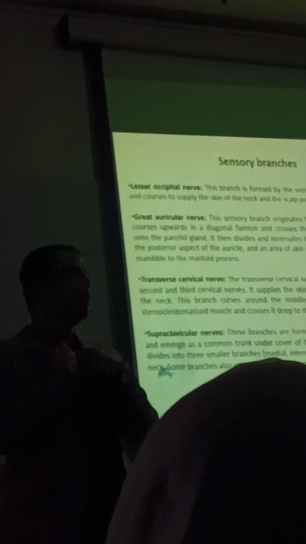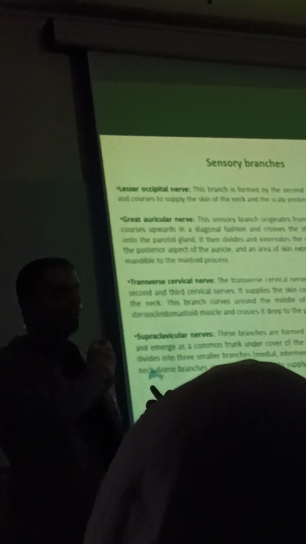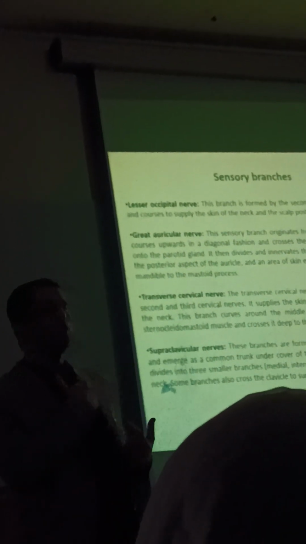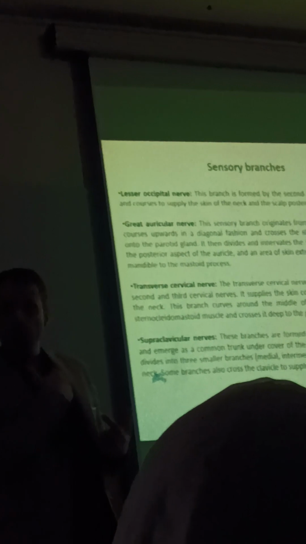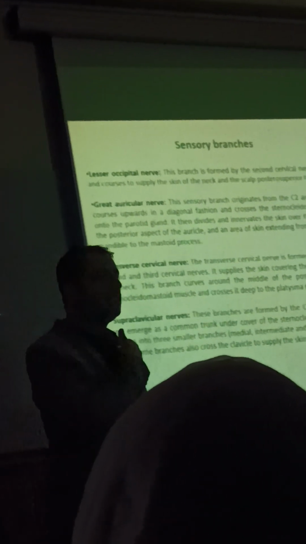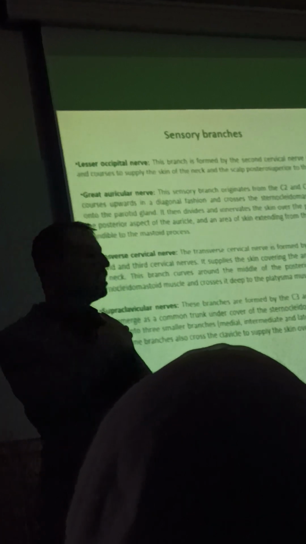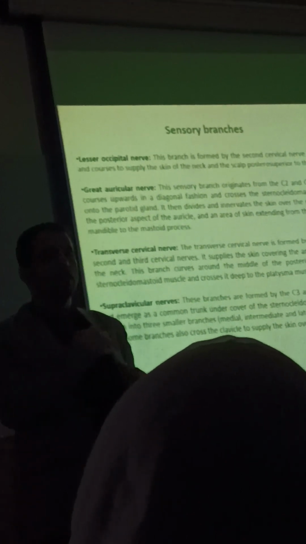And when it arrives at the superior part of the thorax, it divides into three branches: medial, median, and lateral. The medial branch innervates this joint. What is the name of this joint? The sternoclavicular joint, and also the skin of this area. The medial branch innervates the superior part of the skin of the thorax until the second intercostal area.